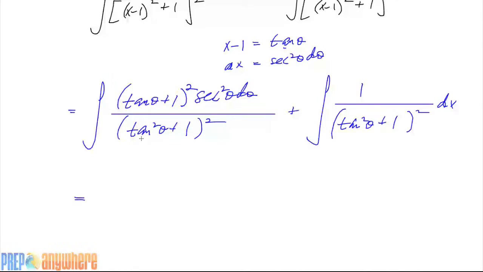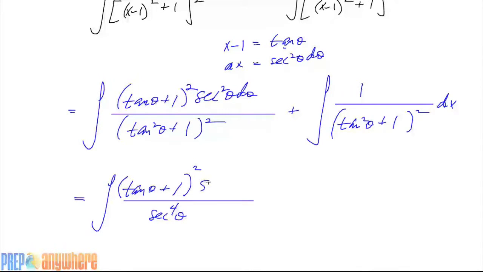So the bottom is going to become secant squared theta, and then another square, so it's going to be the power of 4. Here it's just going to be secant to the power of 4 theta.